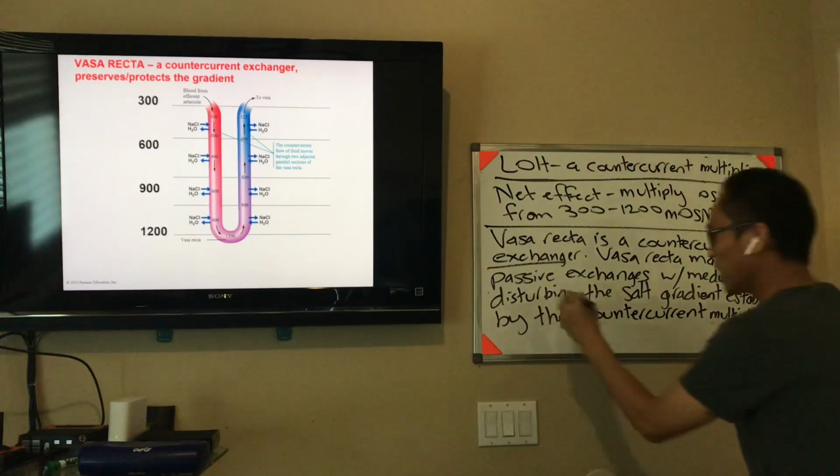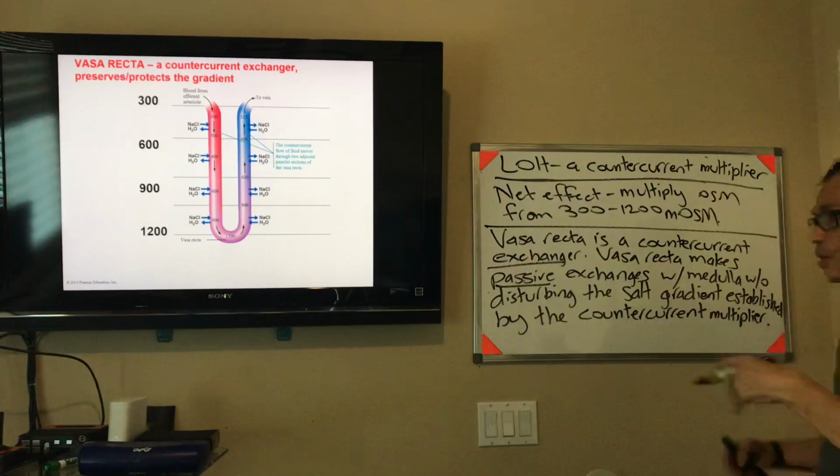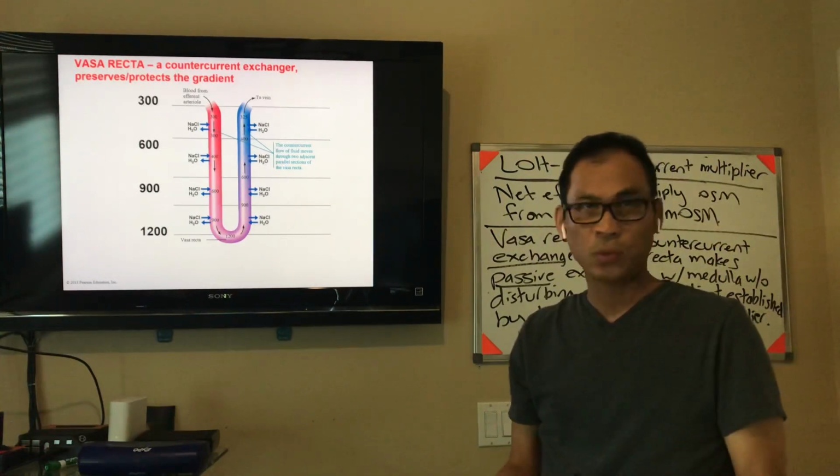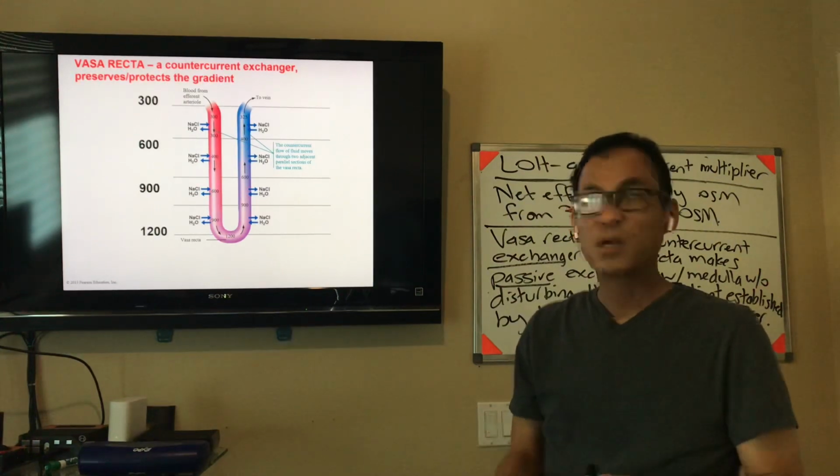So these keyword passive exchanges, water and salt just enter and leave based on diffusion and osmosis, regular rules of biology. So let's talk about this.